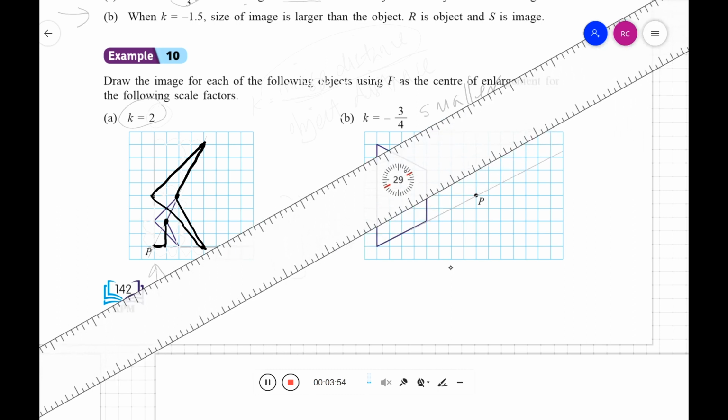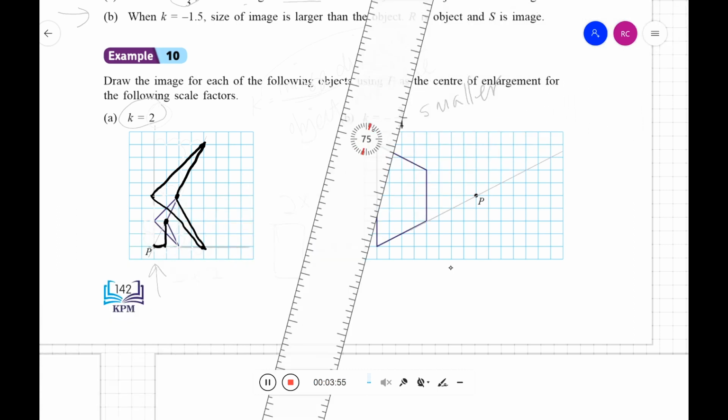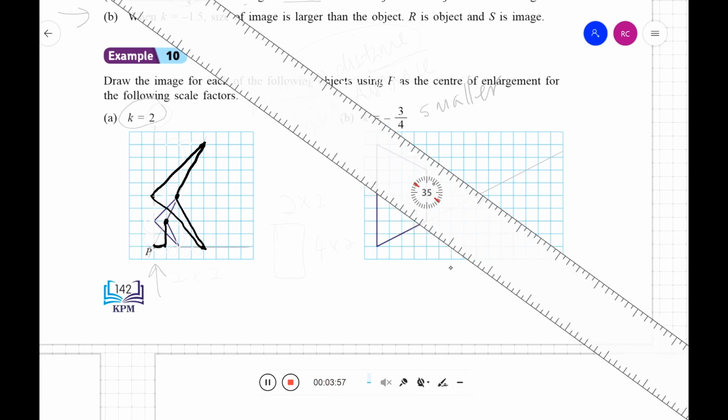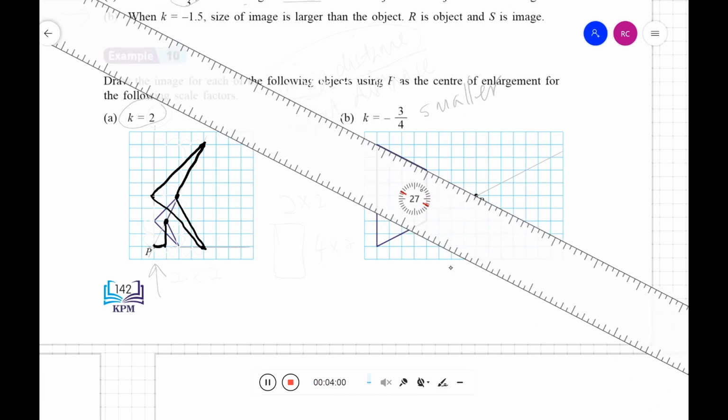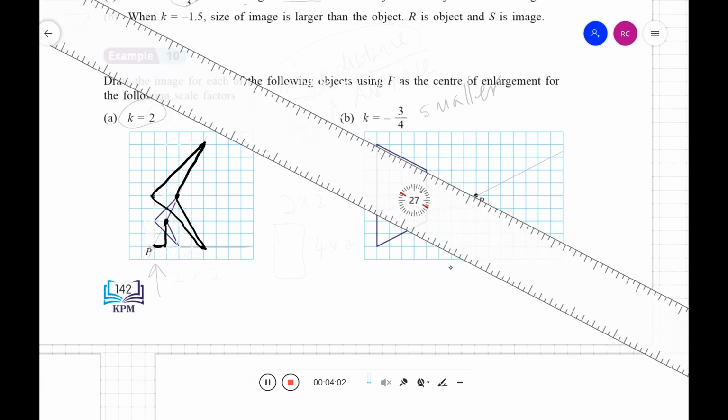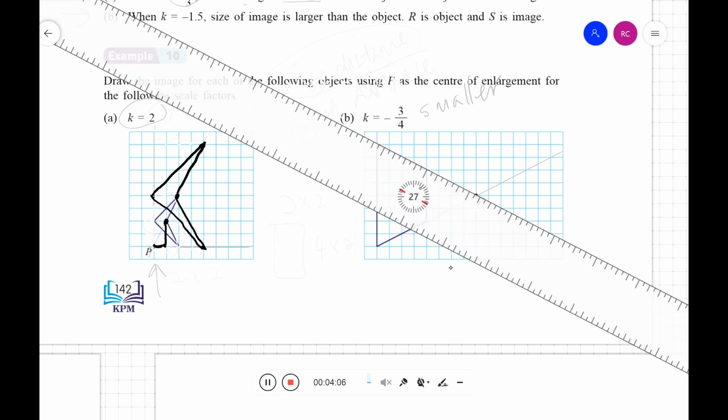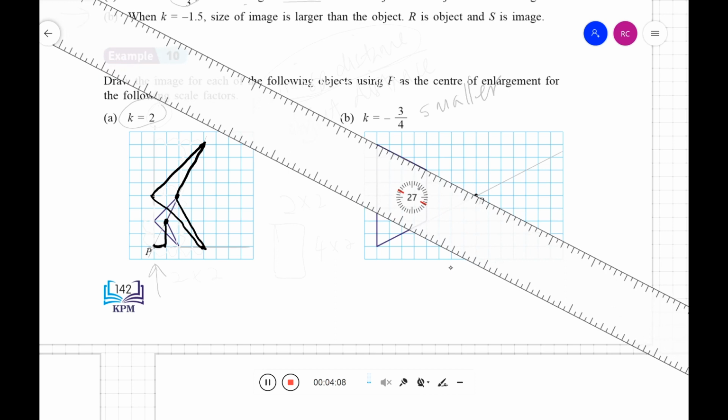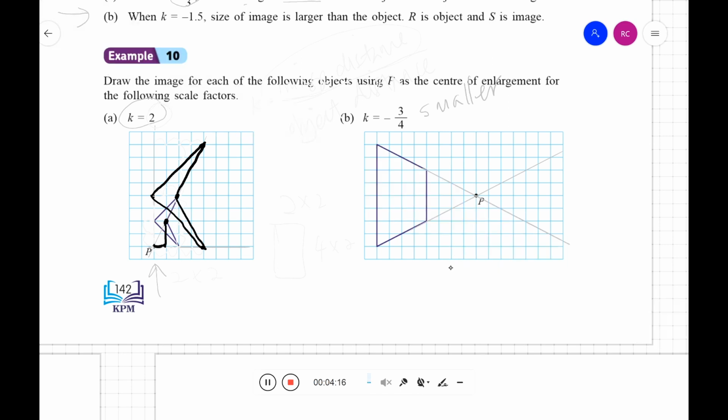Okay, first line done. Second line is here. Up a bit. My hand is shaking. Okay, so our line is done already.